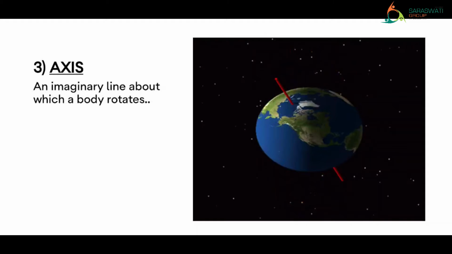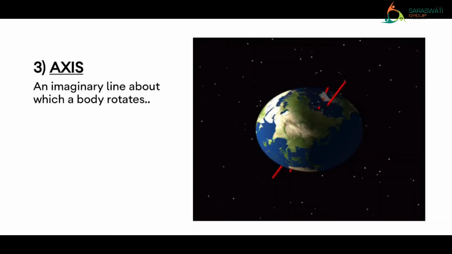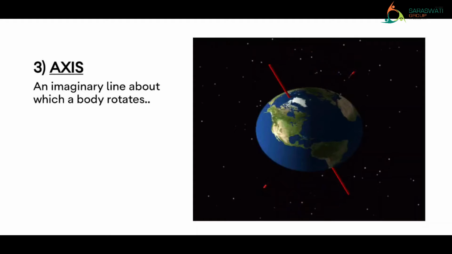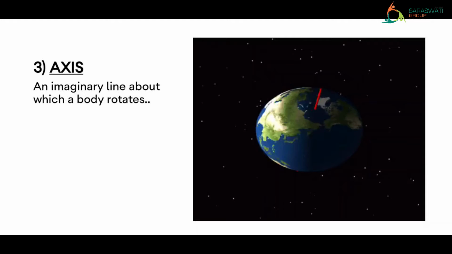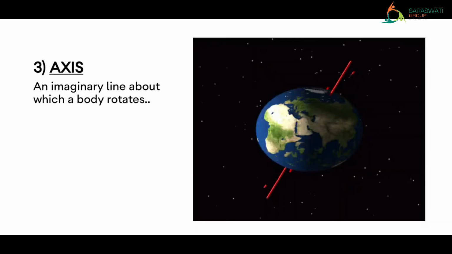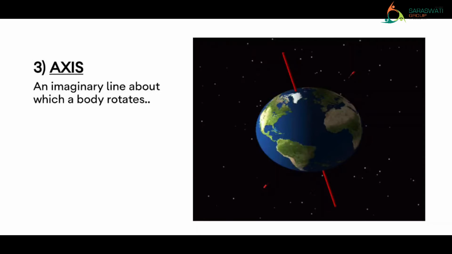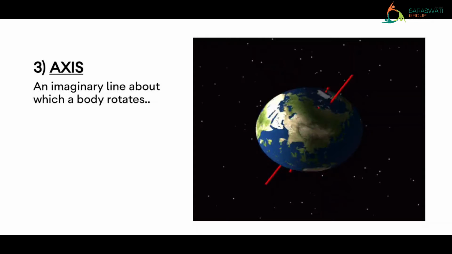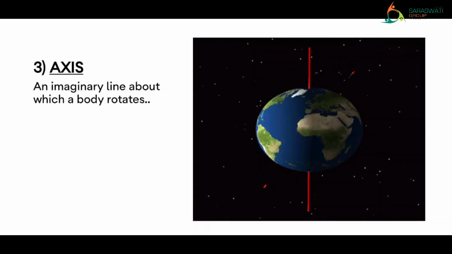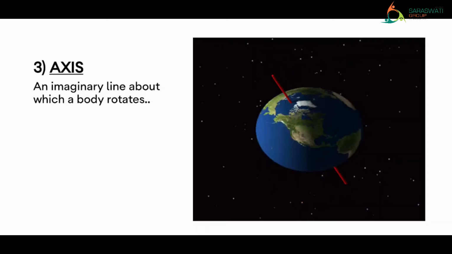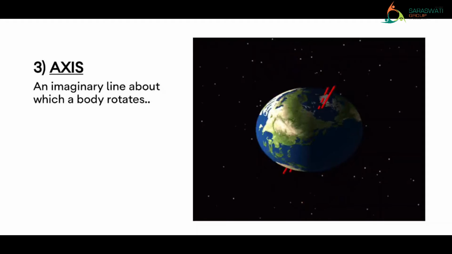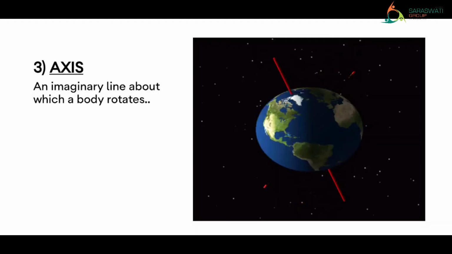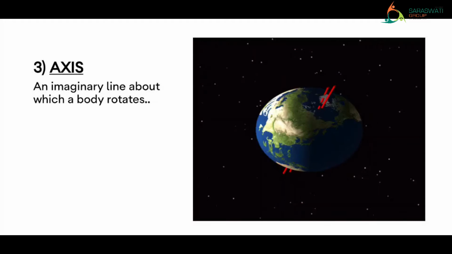See here in the picture, you can see that the earth is rotating round and round, and the fixed points, as you can see, the red line, that is the axis of the earth. Right? So it is an imaginary line about which this earth is rotating. Clear? This red line is the axis of the earth.